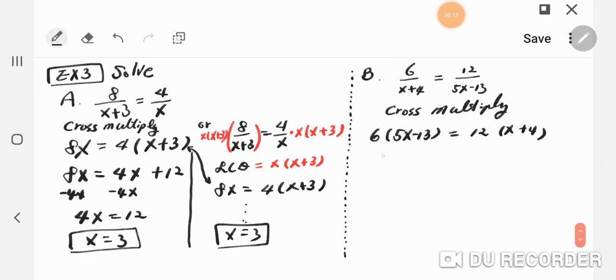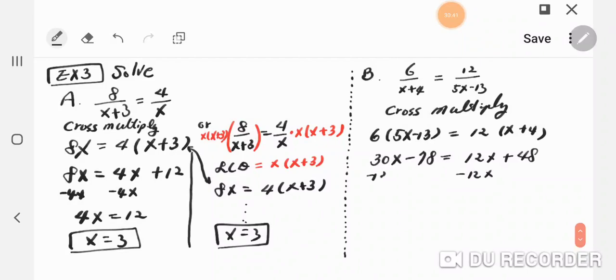And then distribute. Then 30x minus 78, 6 times 13. And then multiply x plus 4 by 12, so 12x plus 48.